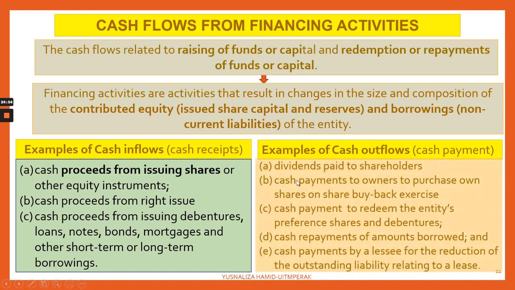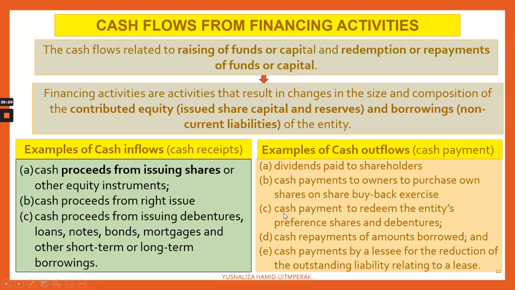Next, cash outflows, or what are the cash payments that will be put under financing activities? Dividends paid to shareholders, although it is also possible to be put under operating activities. It can be put either here or under operating activities. Cash payments to owners to purchase own shares or on a share buyback exercise. So let's say you decide to buy back your own shares from the open market for cancellation.